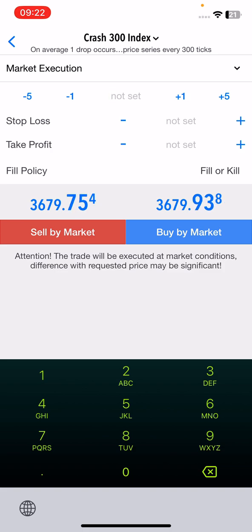I will explain what lot size is, using betting as an example. I don't know if you are familiar with betting. In betting we have what we call staking power. It depends on the odds.